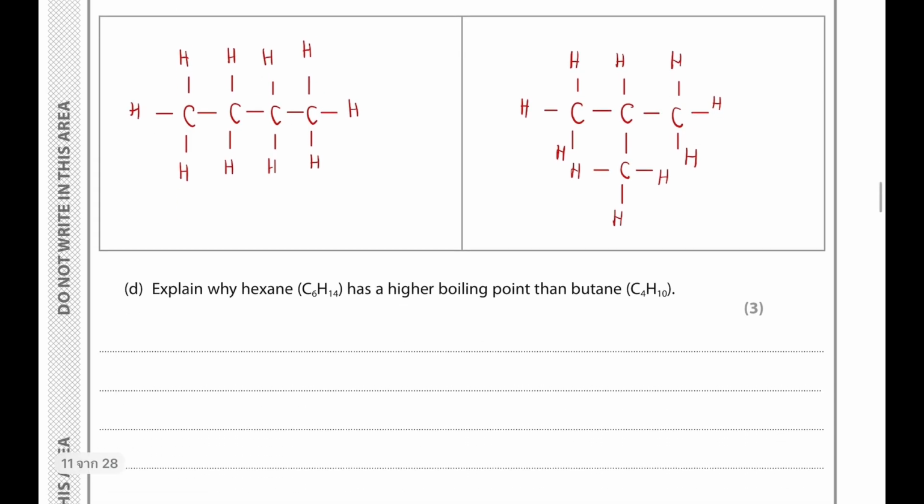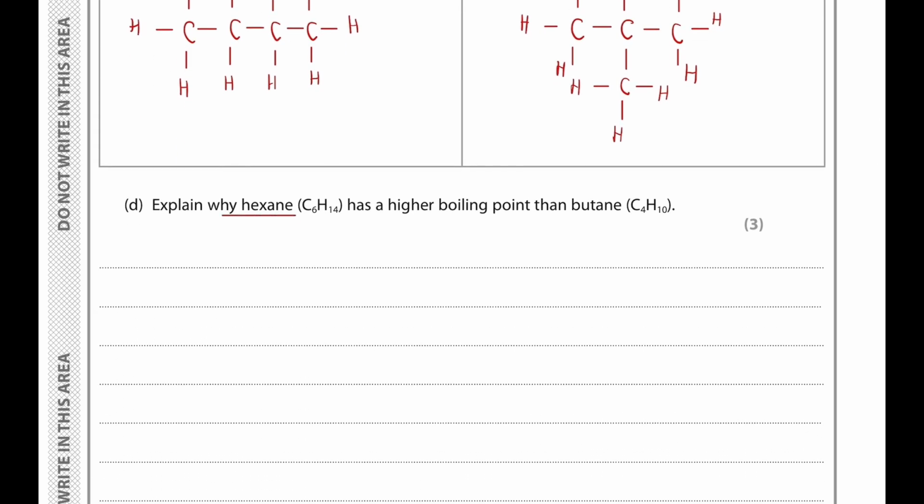Okay. Then explain why hexane has a higher boiling point than butane. First one, it has more carbon atoms.